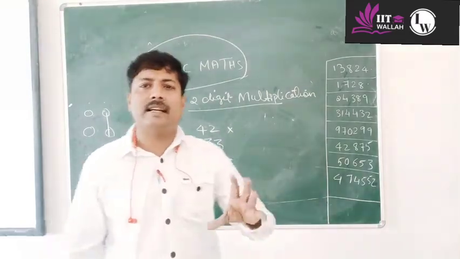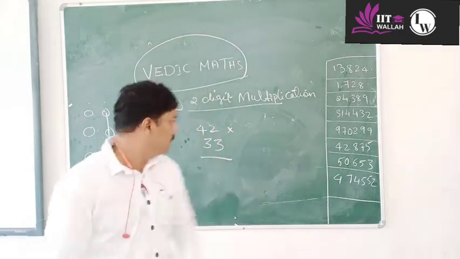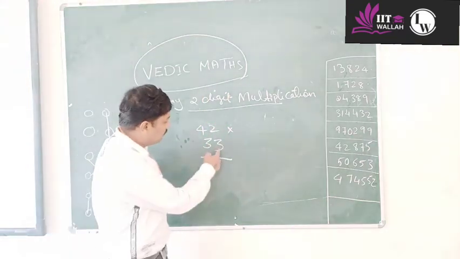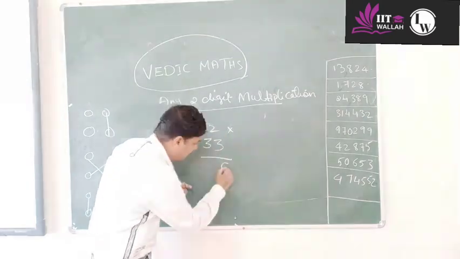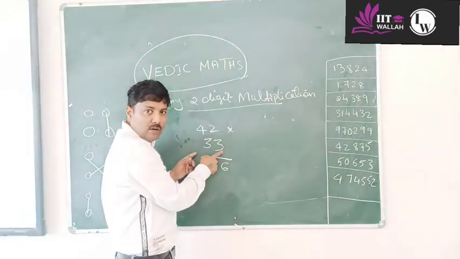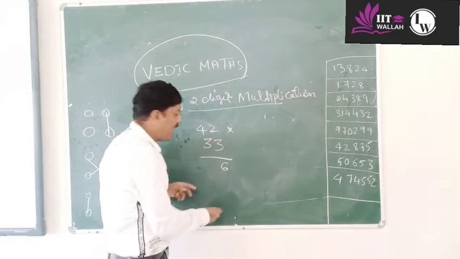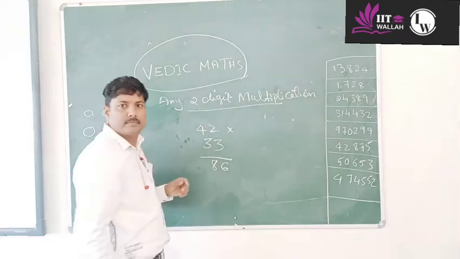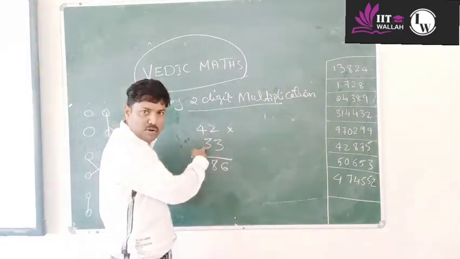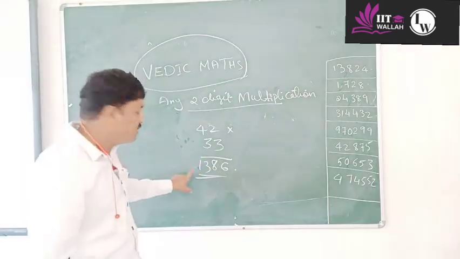We already know the general method, but we need to multiply this very fast by using Vedic maths. Okay? So, first step from the picture you can understand. This into this is the first step, 6. Now cross multiply and add. 3 4s are 12, 3 2s are 6. So 12 plus 6, 18. So 1 carried. And last step is 4 3s are 12 plus 1, 13. See, only one step.